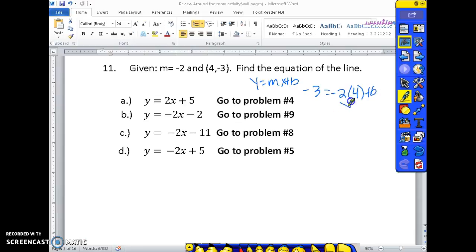Negative 2 times 4 is negative 8. Bring everything else down. Add 8 to both sides. My y-intercept is 5. So my equation is y equals negative 2x plus 5, and that is D. So we're going to go to problem number 5.